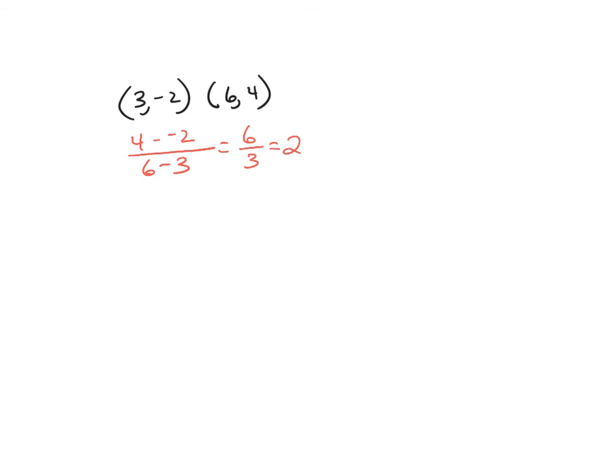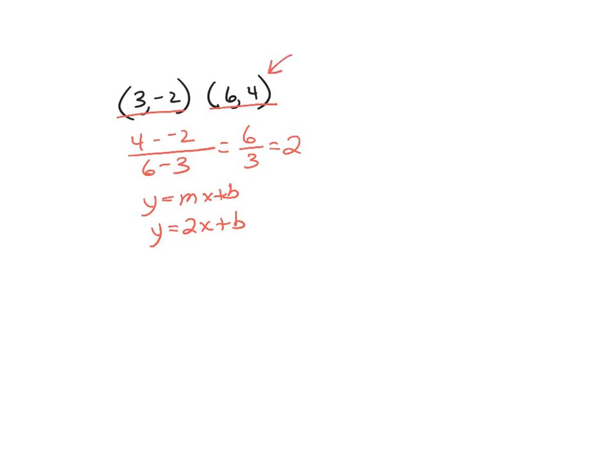Now I'm going to do just what I did a few moments ago. I have y equals mx plus b. I know that my slope is 2, so I'm going to have y equals 2x plus b. Now I can choose either one of these points, put them in for x and y, and figure out the answer. I'm going to choose this one.